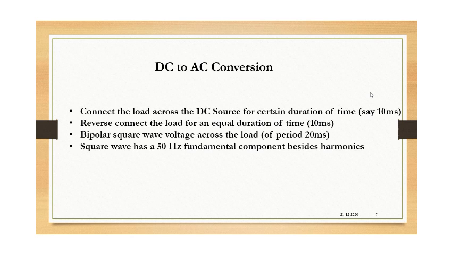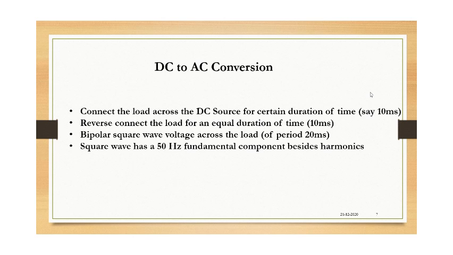Okay, so imagine to get DC to AC conversion, what do we do there? Connect the load across the DC source for, say, a certain duration of time. Imagine you are connecting the load to the source for, say, 10 milliseconds.